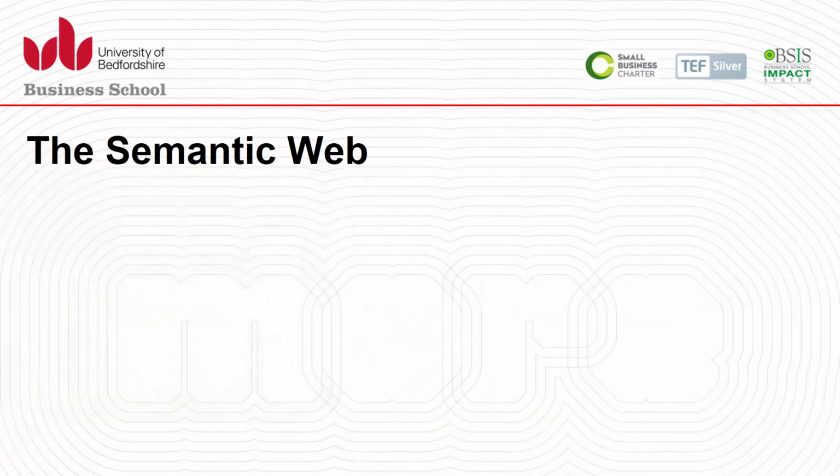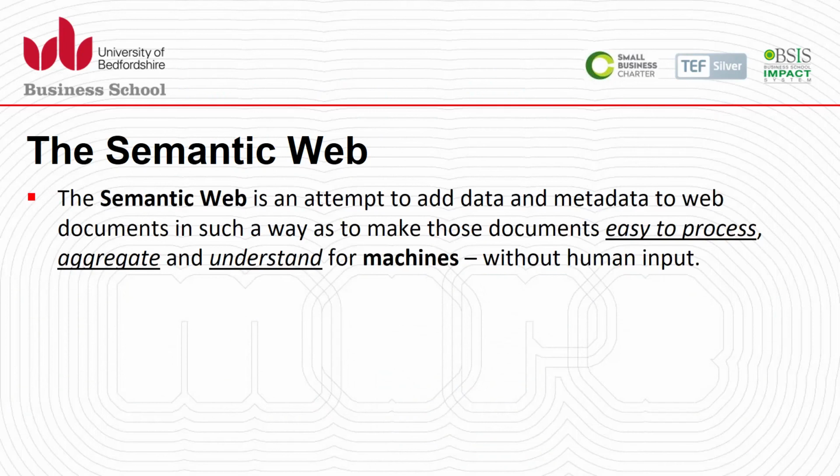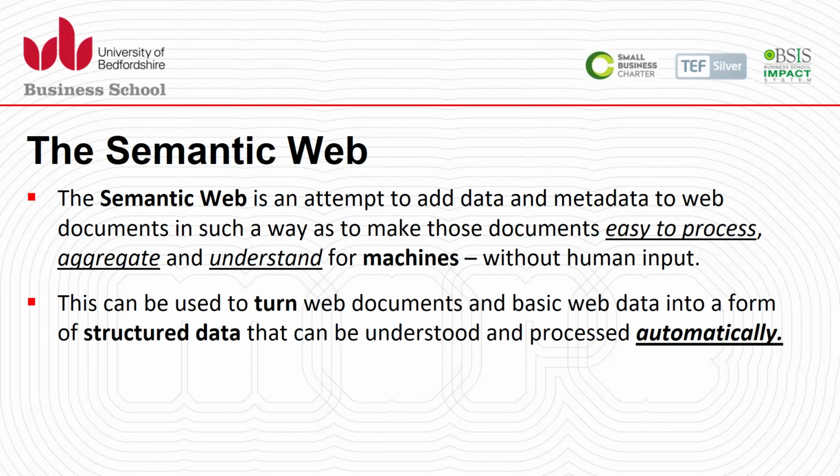That is more appropriate. So the semantic web is an attempt to add data and metadata to web documents in such a way as to make those documents easy to process, aggregate, and understand for machines without human input. So that's the machine intelligence to interpret and understand.